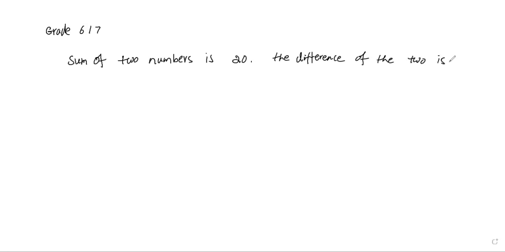Okay, so if you have two numbers, let's say the sum of two numbers is 20. The difference of the two is 5.